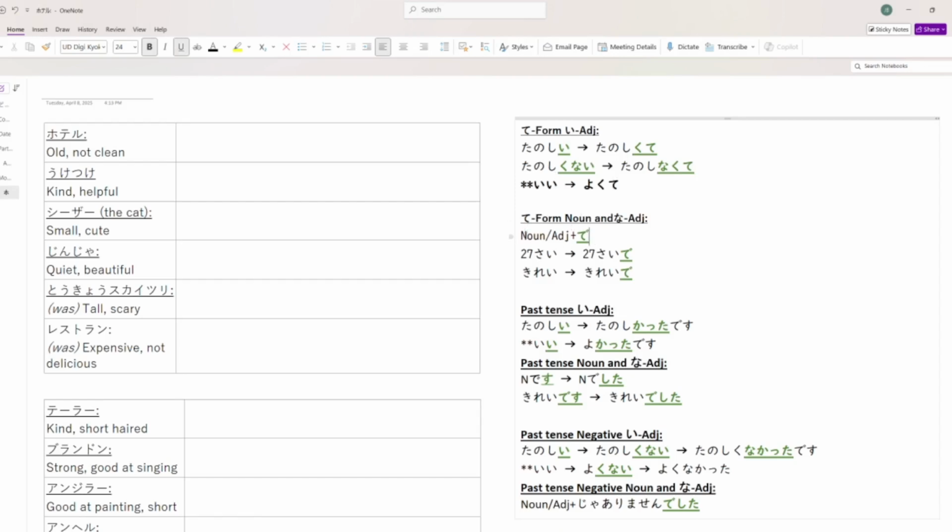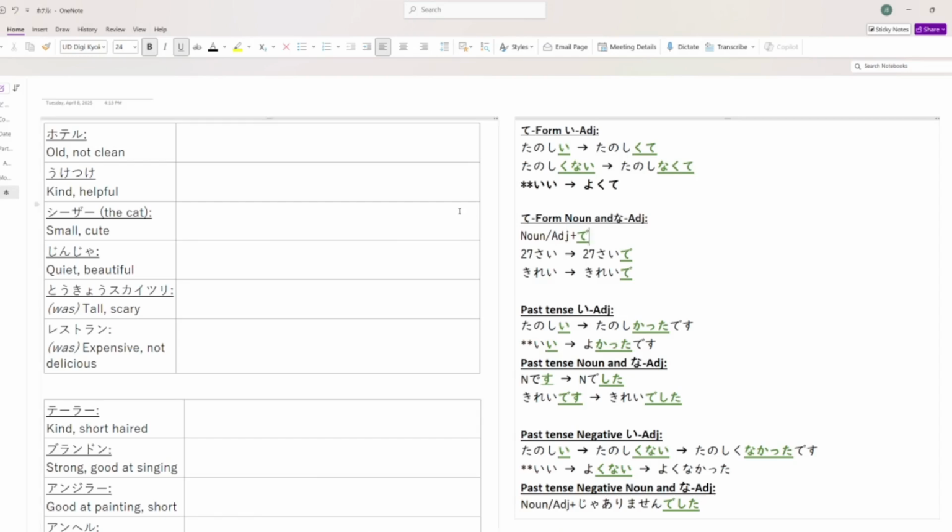And then for nouns and non-adjectives, because like I always say, when it comes to conjugation, nouns and non-adjectives almost always follow the same rule. After the word, whatever it is, after the noun or that non-adjective, you just add de. There's no modifying the word or anything. It's just de, and then you're good.